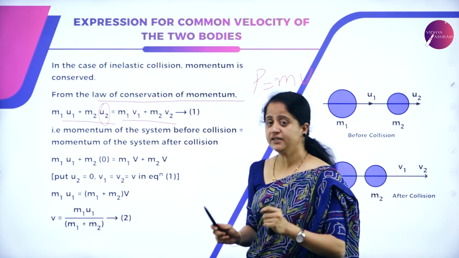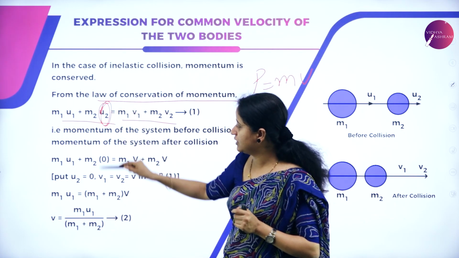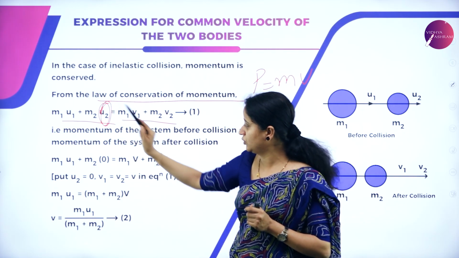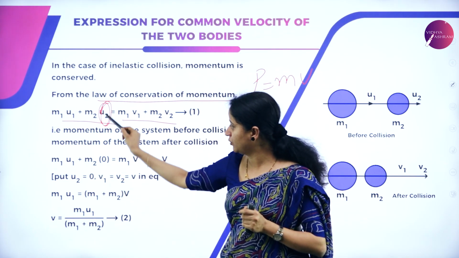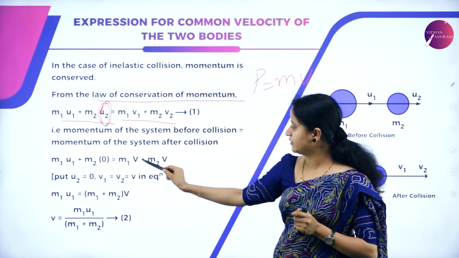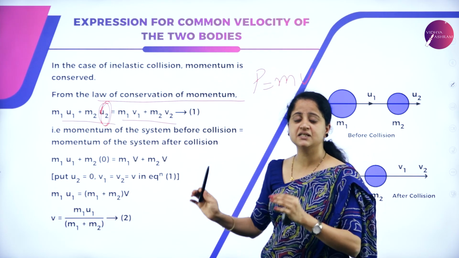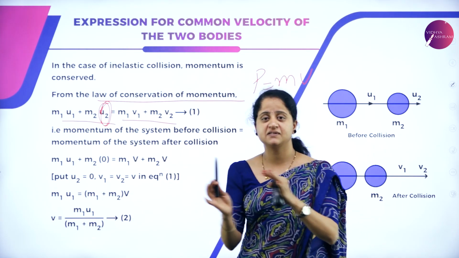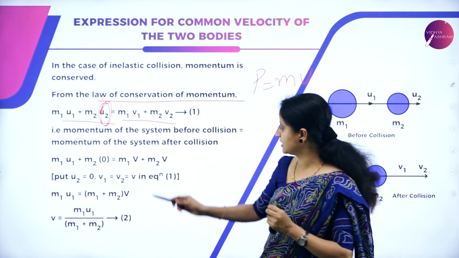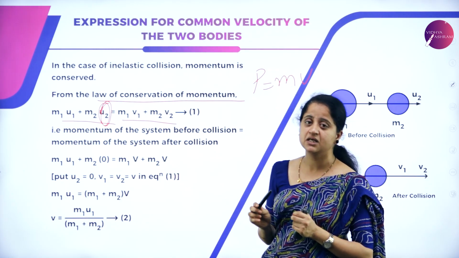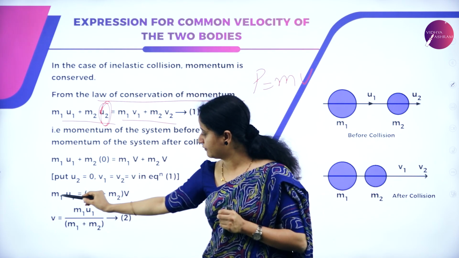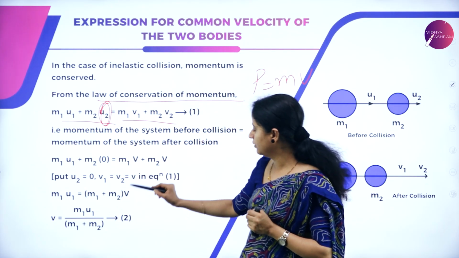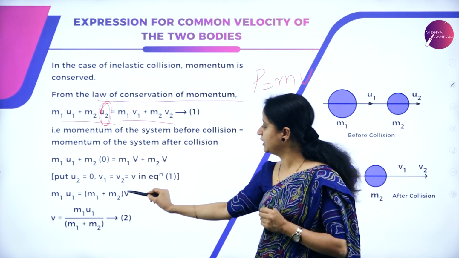As we know that the velocity of body B before collision is 0, that is u2 is 0, we get m1 u1 plus m2 into 0 equals m1 v1 plus m2 v2. Since they move with the same common velocity after collision, we can write m1 v plus m2 v. Here the entire term becomes 0 and we get m1 u1 equals m1 plus m2 into v.